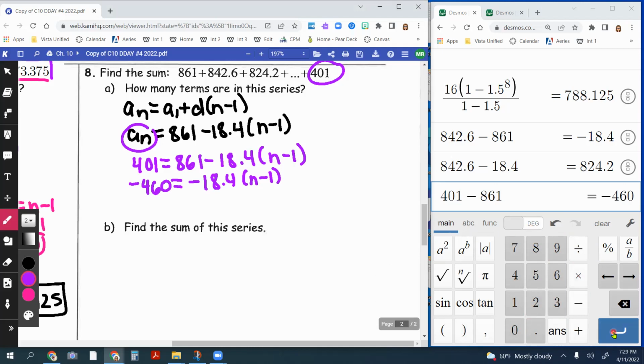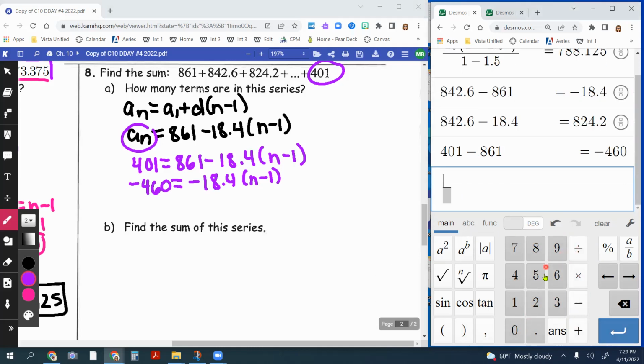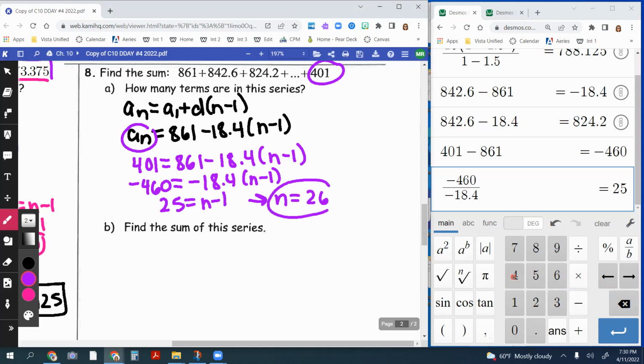So I am now going to divide a negative 460 by a negative 18.4. Okay, that gives me a nice answer. So I get 25 is equal to n minus 1. So n is going to be 26. So this is 26 terms.